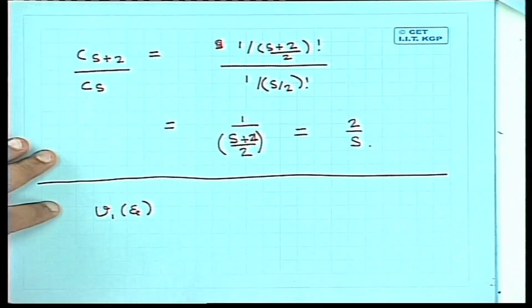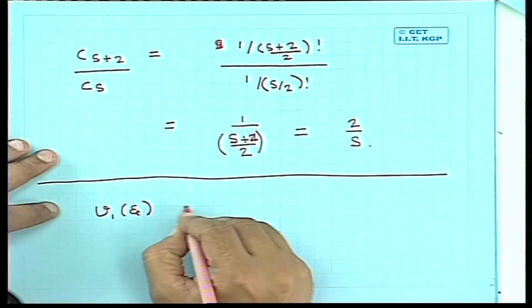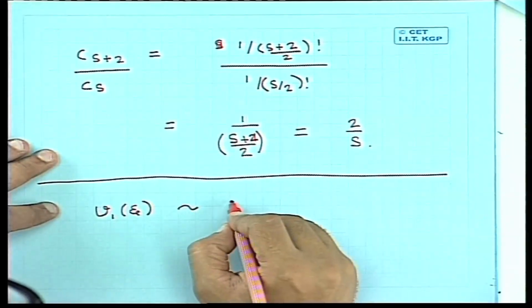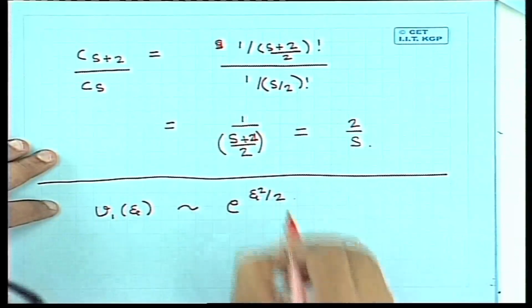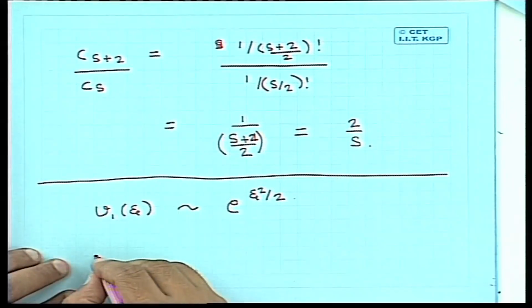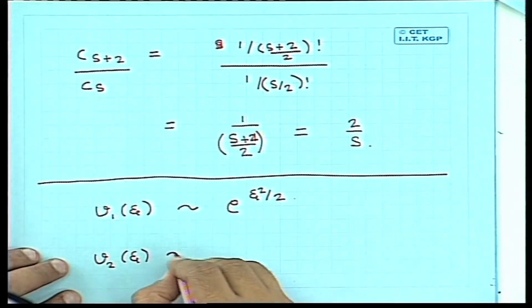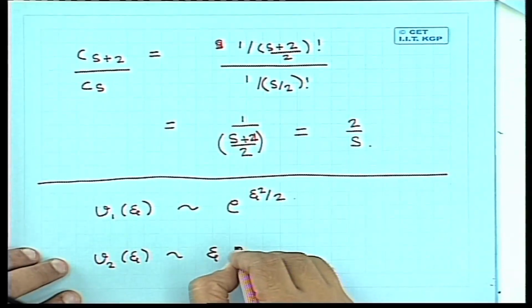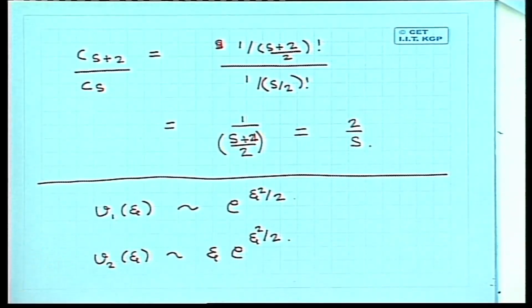We are led to the conclusion that v(xi) for large xi behaves as proportional to e to the power xi square by 2. Similarly, v2(xi) behaves as xi into e to the power xi square by 2.